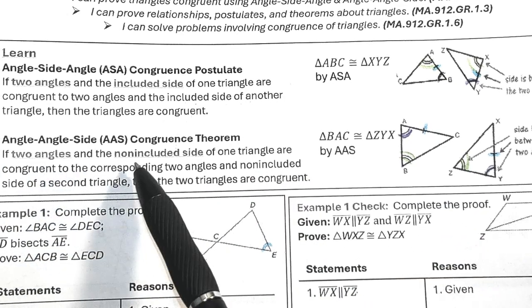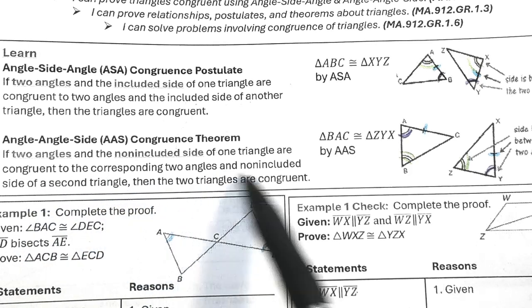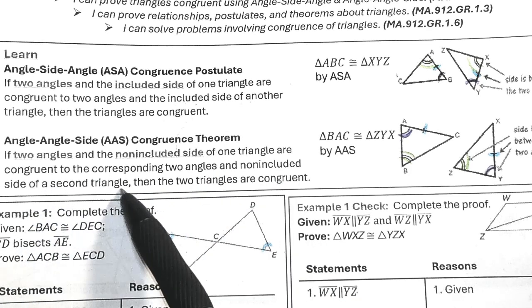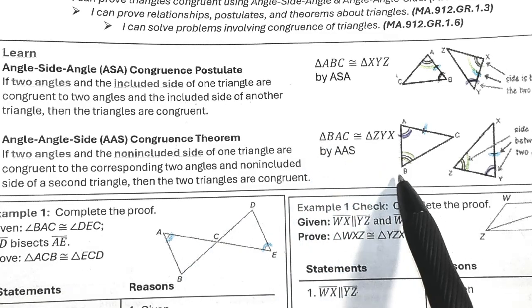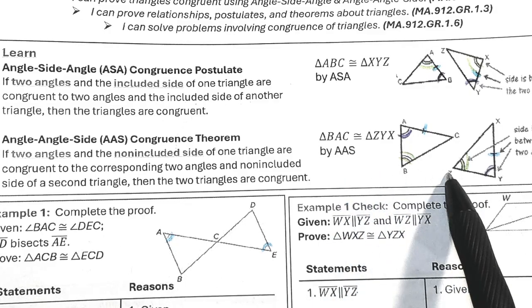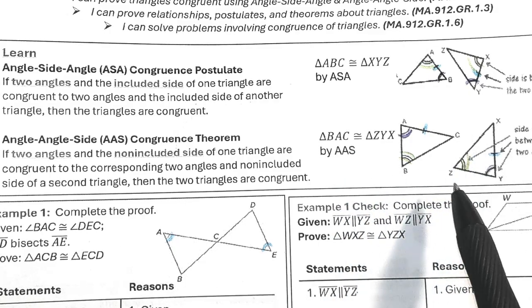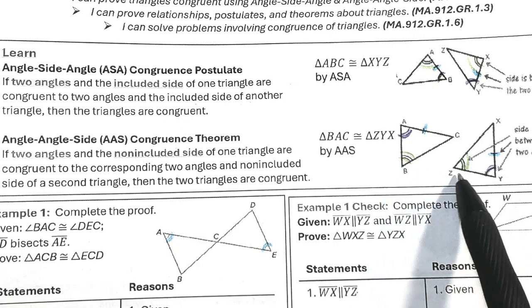So if two angles and a non-included side of one triangle are congruent to the corresponding two angles and non-included side of the other triangle, then those triangles are congruent. See, it says BAC to ZYX. So two green arcs to two green arcs.